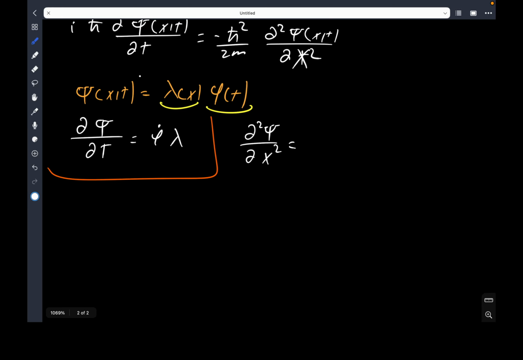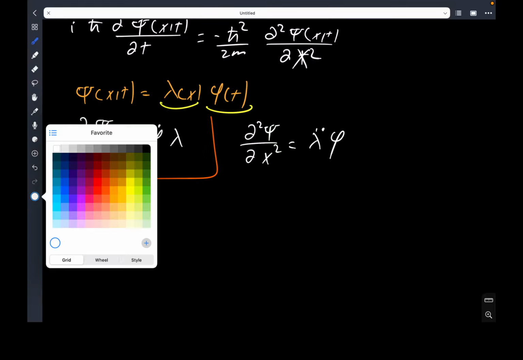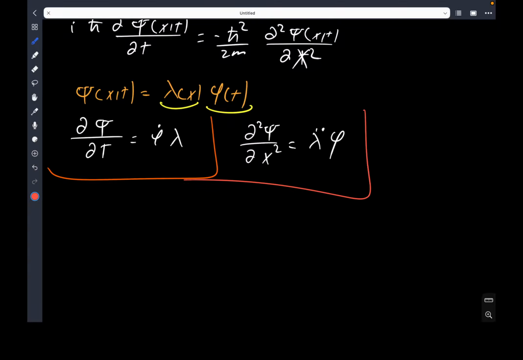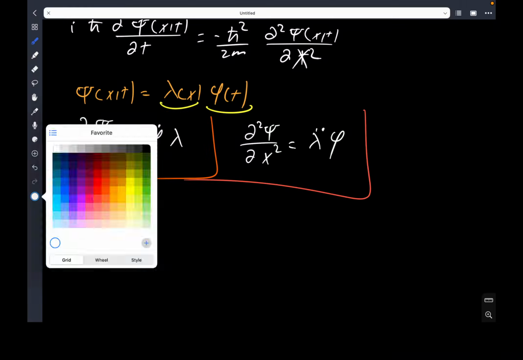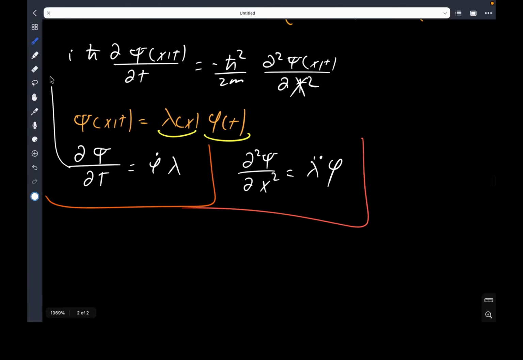My bad. Partial squared psi partial x squared is gonna be lambda double dot phi. So this is my next equation. I'm gonna plug these two into my Schrödinger's equation.